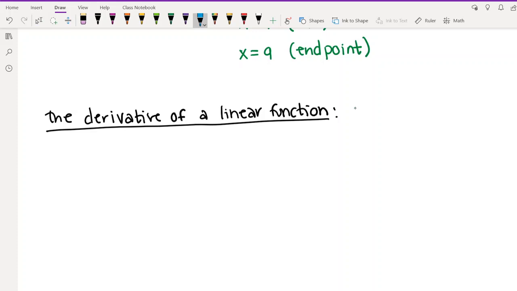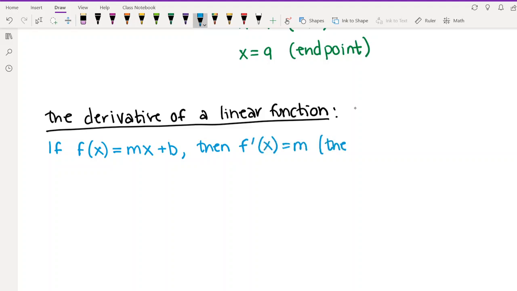Let me summarize that. If you have a linear function, a function that looks like mx plus b, then its derivative is just going to be equal to m. So for example, let's say we have the function f of x equals negative 5x plus 1.